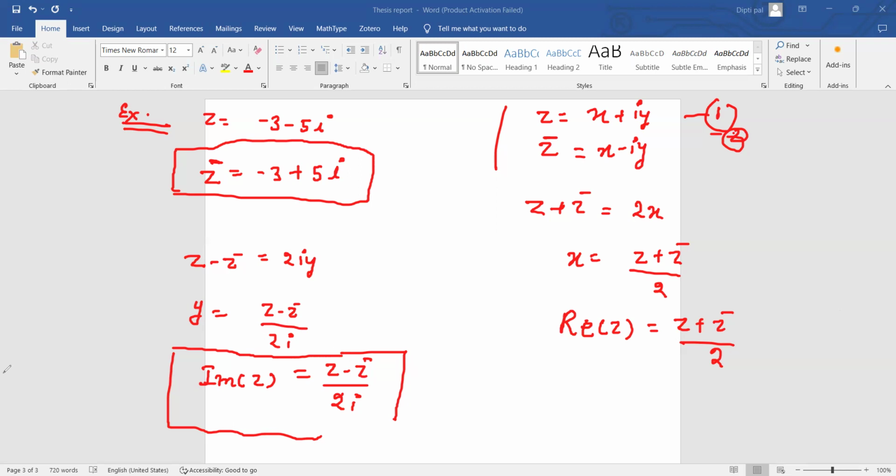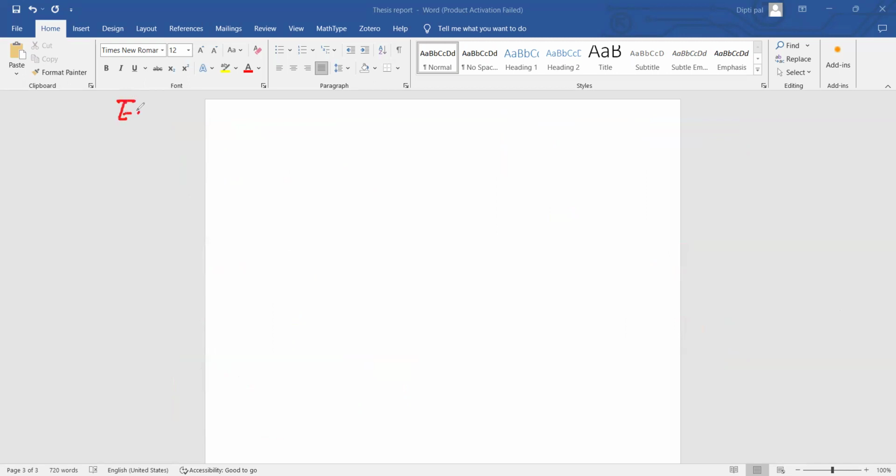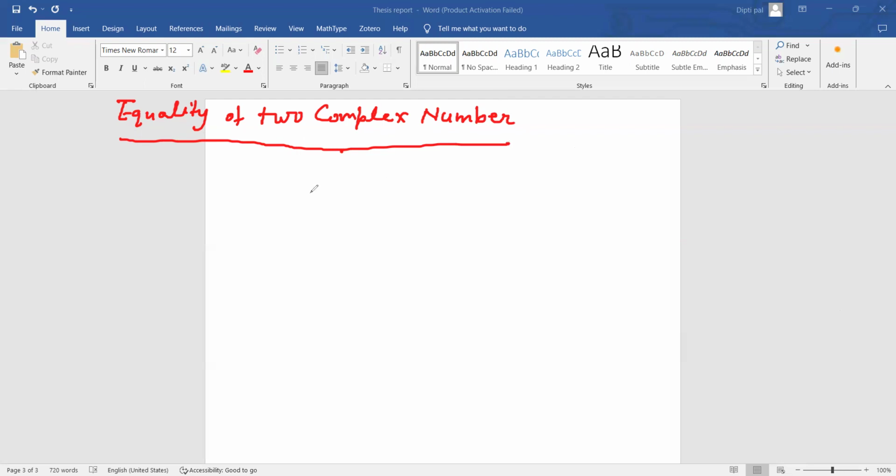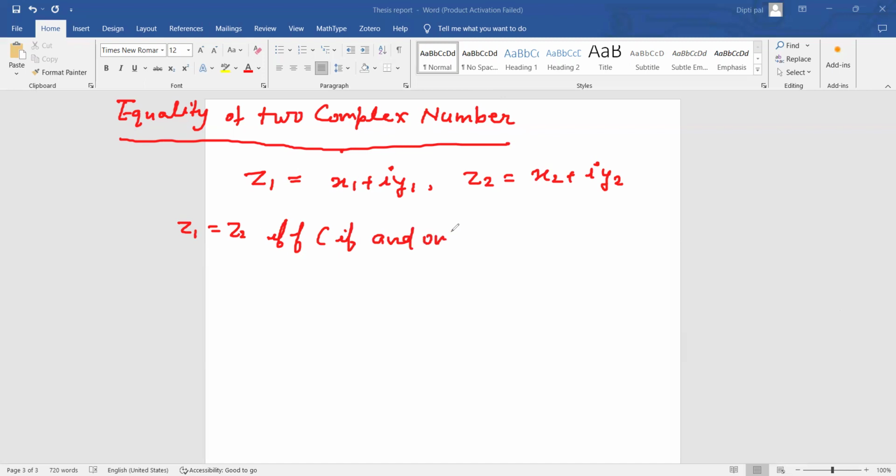Now the next is equality of two complex numbers. If we are given two complex numbers, z1 equals x1 plus iota y1, and likewise z2 equals x2 plus iota y2, then z1 will be equal to z2 if and only if the real part equals the real part and the imaginary part equals the imaginary part.